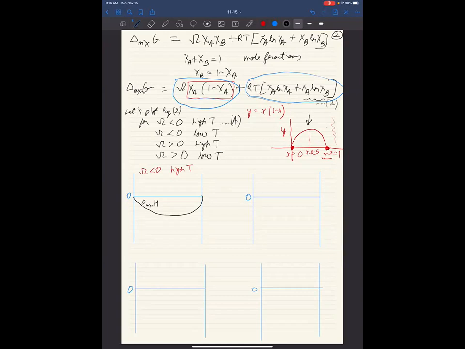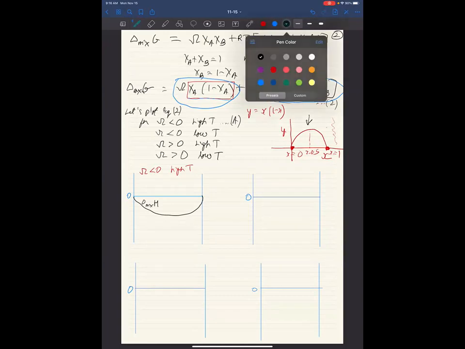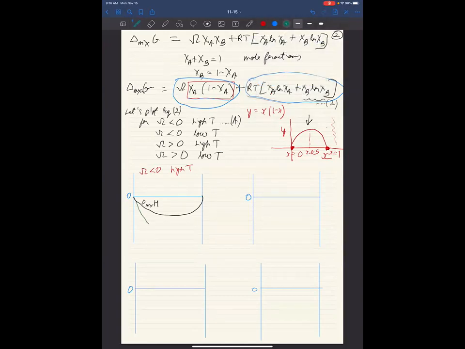It will be negative with a slope that is minus infinity at both ends. So this is not delta S mixing, this is minus T delta mixing S, okay? This whole thing is minus T multiplied by S. Thanks, Stella. So now we are gonna add both of these to get the delta mixing of G.